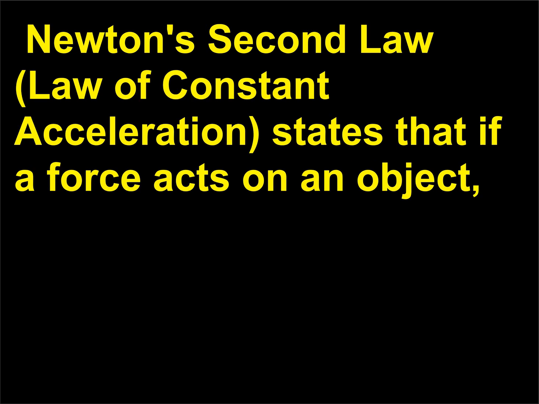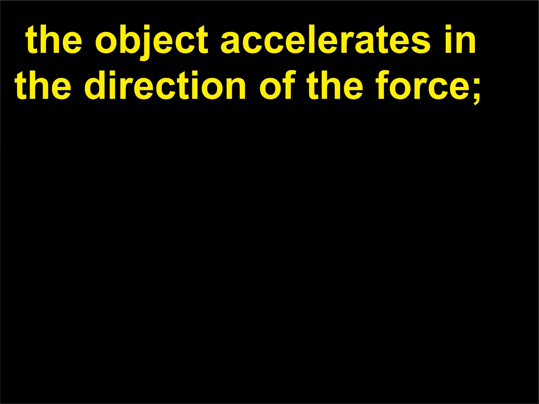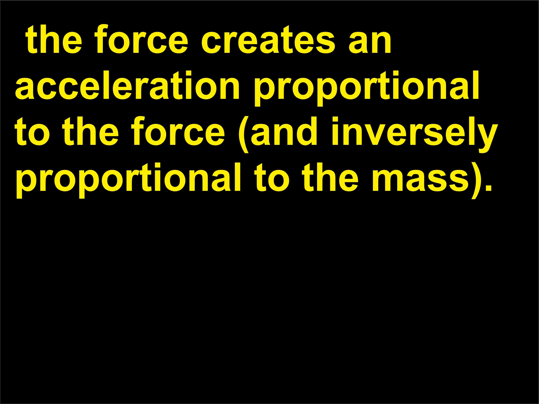Newton's second law, the law of constant acceleration, states that if a force acts on an object, the object accelerates in the direction of the force. The force creates an acceleration proportional to the force, and inversely proportional to the mass.